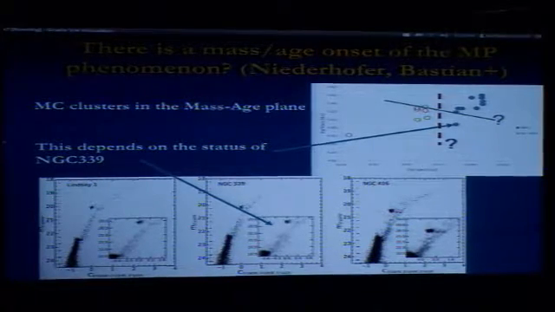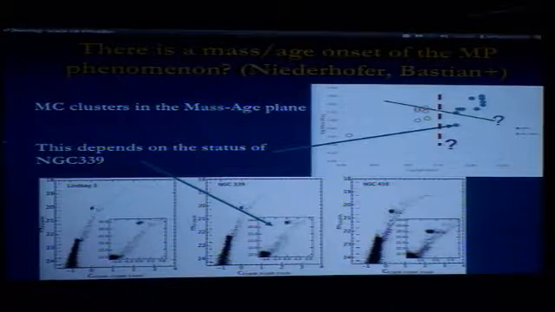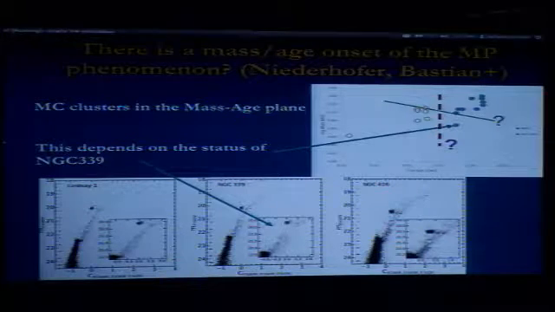So they suggest that there may be an age effect, or something that is related to the mass of the star, which is about 1.5 solar masses around here. And that this changes the situation. For some reason, you can get multiple populations in the older clusters, and you cannot get them in the youngest ones.